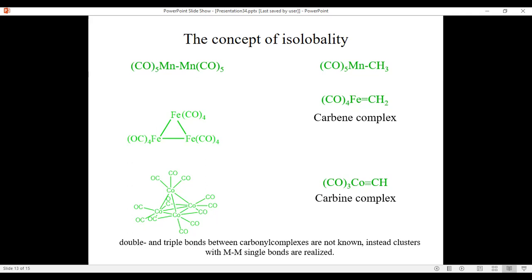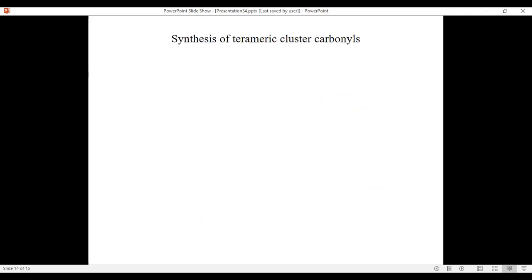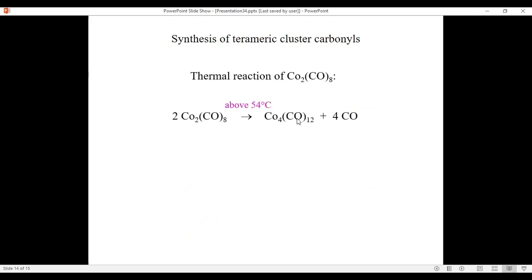All right. So in summary we can say double and triple bonds between carbonyl complexes are not known. Instead, clusters with metal-metal single bonds are being realized. Okay. So now how can you actually make such a carbonyl cluster? For instance, you can make this tetrameric cobalt cluster simply by thermal decomposition of the dimeric cobalt cluster you encountered in the previous class.